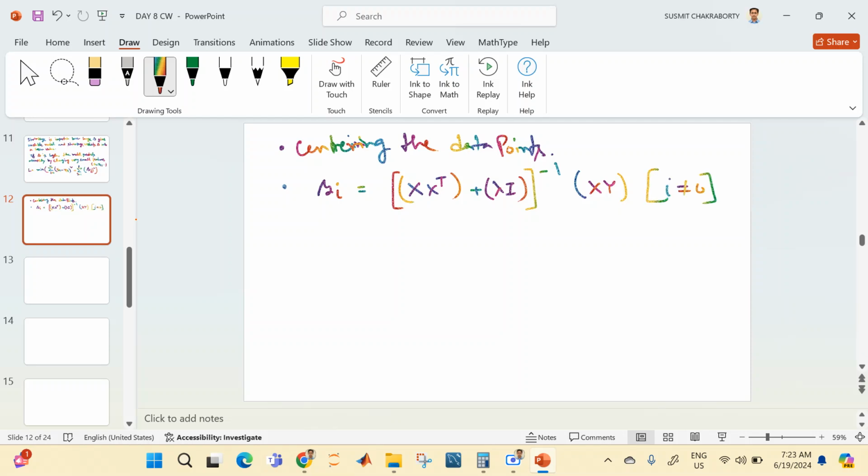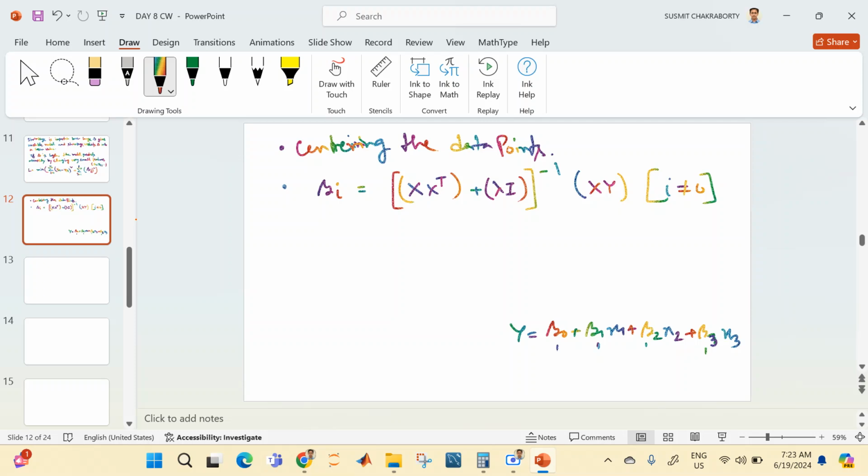That means for a particular model, suppose I am writing y equals beta naught plus beta 1 x1 plus beta 2 x2 plus beta 3 x3. So I am taking three dimensions only. So there are four betas, 1, 2, 3 and 4.